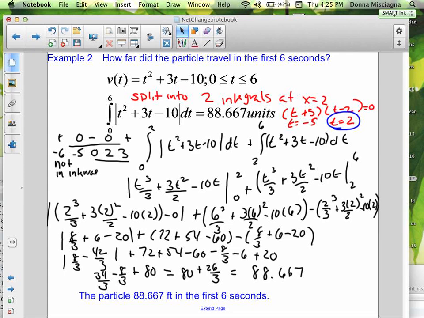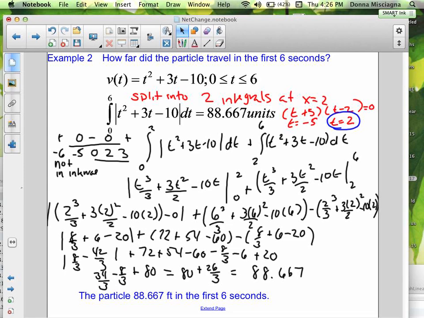So if I add up all those numbers, I get plus 80, and I have that minus 8/3 there, right? So I'm going to combine the 34/3 and the negative 8/3. That gives me 26/3, and 80 plus 26/3. 26/3 is 8.667. That gives us the 88.667, which is the total distance traveled, not the displacement.